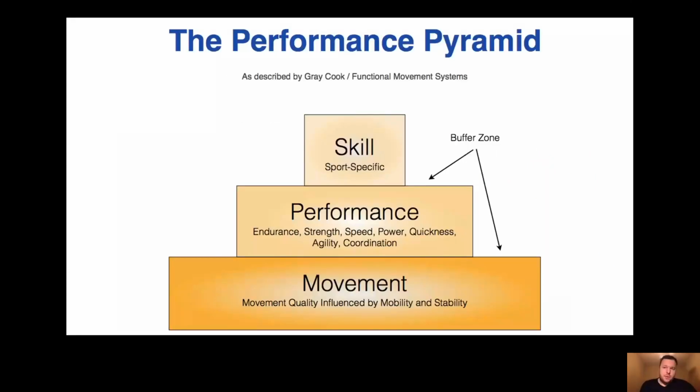And I like that performance pyramid which you are seeing in the slide, that when we are developing the athlete, the background should be the movement quality influenced by mobility and stability. The quality of the movement we can assess in different ways. The physios and sports medicine doctors have different types of tools to do it. When we have no problems here, we can start performance things: developing endurance, strength, speed, power, quickness, agility, and coordination.